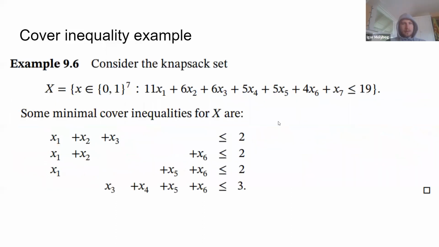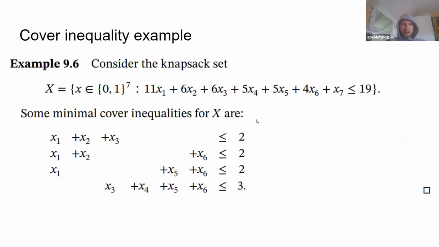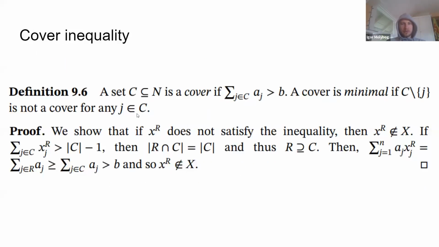So basically the inequality, let me switch it over here. The proposition that I'm trying to prove here is that if the summation over j in C of x_j is less than or equal to the number of elements in C minus 1, then it's a valid inequality for the corresponding set.